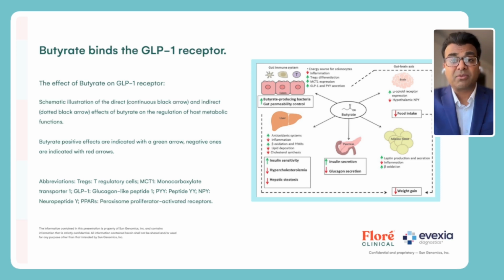That downstream pathway has now been shown to have positive and negative effects. And this just shows how central it is to areas that are critically important in obesity management and GLP-1 receptor pathways, not only affecting the liver, pancreas, adipose tissue, and the brain, but stemming from its source, the microbiota producing it inside of the intestinal tract.